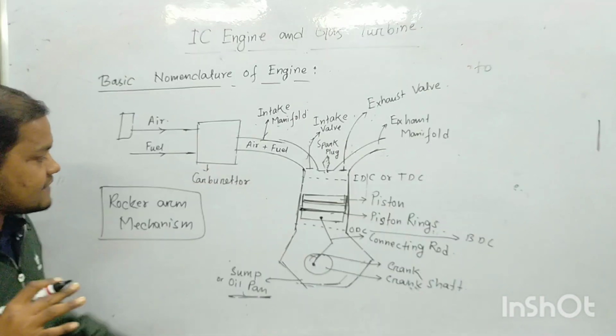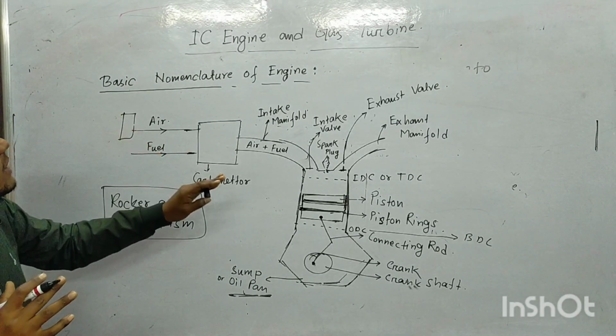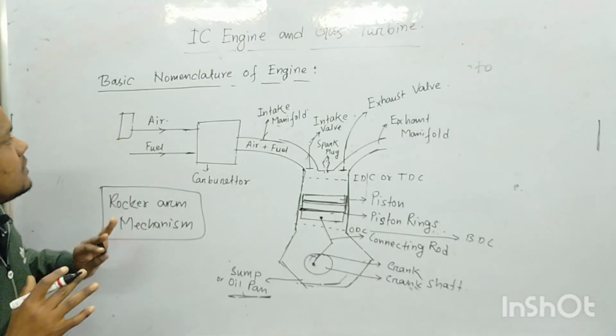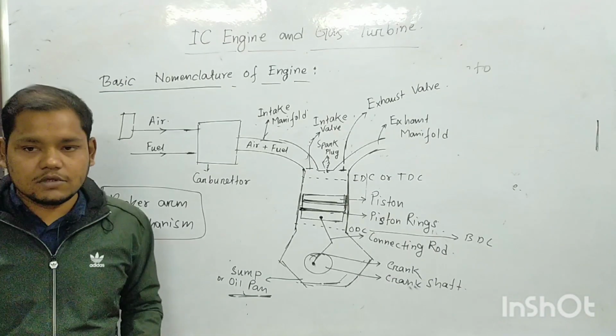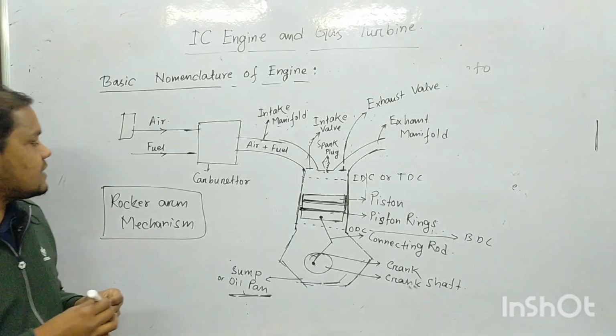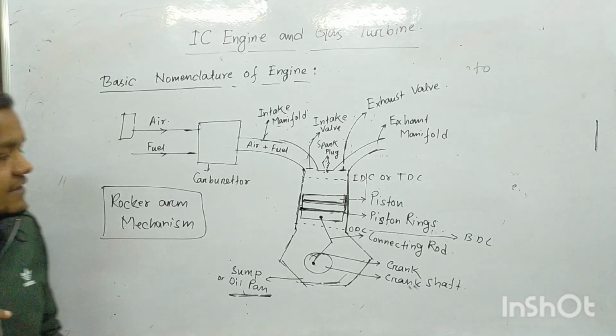That is the main basic difference between the picture of a CI engine and an SI engine. This is the basic nomenclature diagram of an engine, an SI engine.